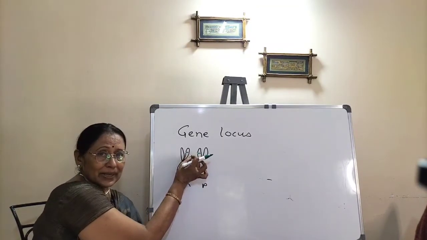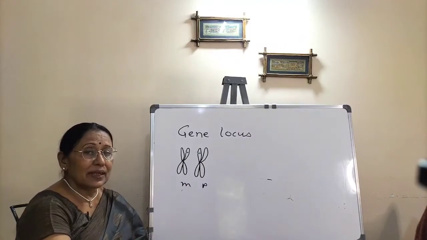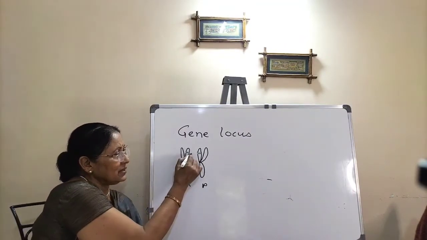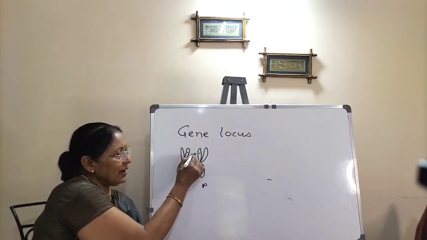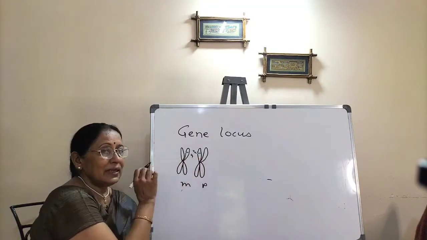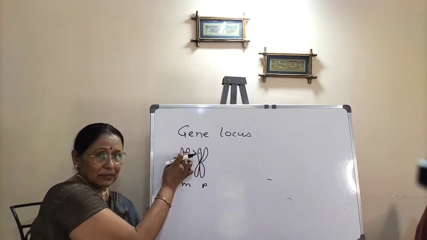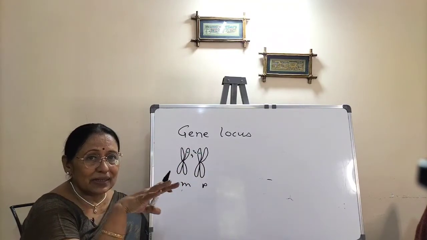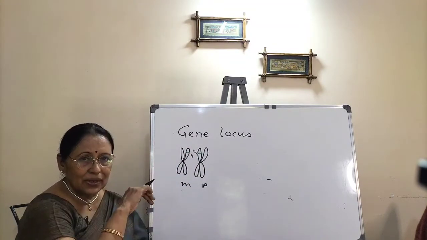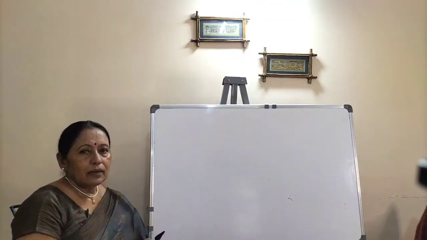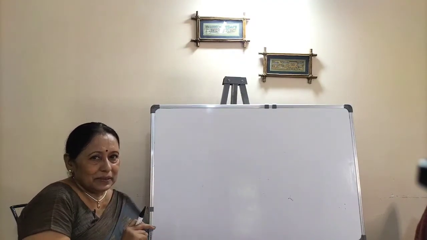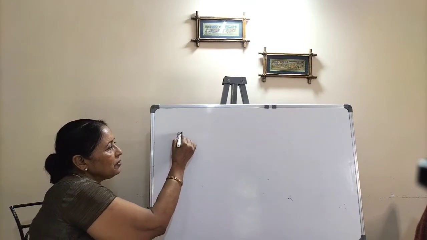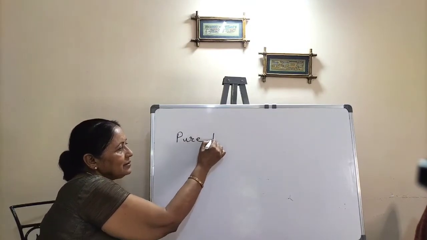So when they come together, they can exchange their genes. If this is A1 and this is A2, then after exchange, A2 will come here and A1 will move to the other side. This causes variation. This was gene locus. Now, today's last term, the pure breeding lines.